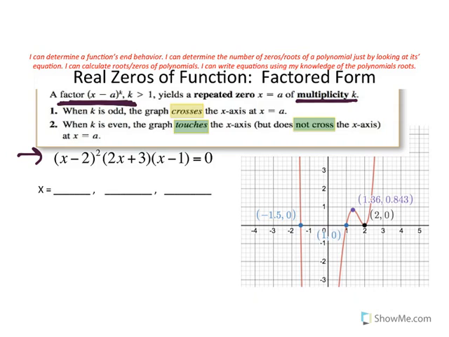Very quickly, pause the video, jot that function down, and tell me what the solutions are. That shouldn't take you but like 10 seconds to write down and get it, because you're going to set each factor piece equal to 0 and get your solutions. And so there would be the solutions that you get just by setting each factor equal to 0.